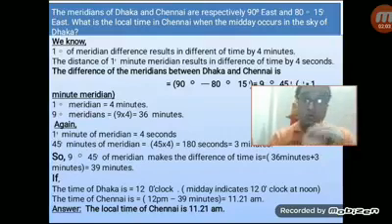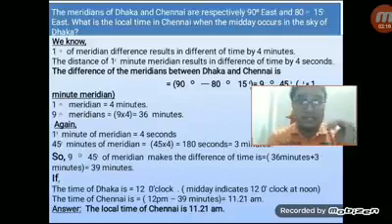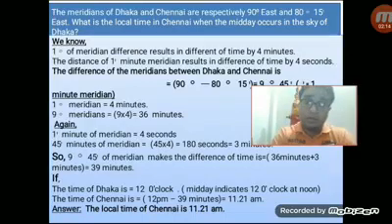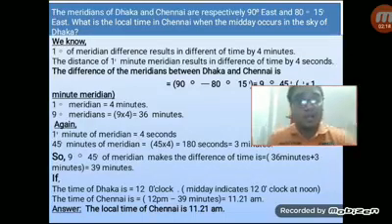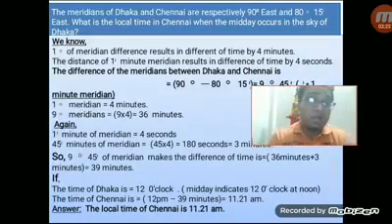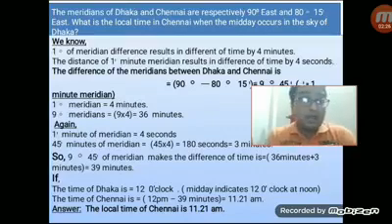So if Dhaka has 12 p.m., what will be the time of Chennai? Definitely the time will be slower than the time of Dhaka. So you have to subtract 39 minutes from the time of Dhaka. So the local time of Chennai will be 11:21 AM.